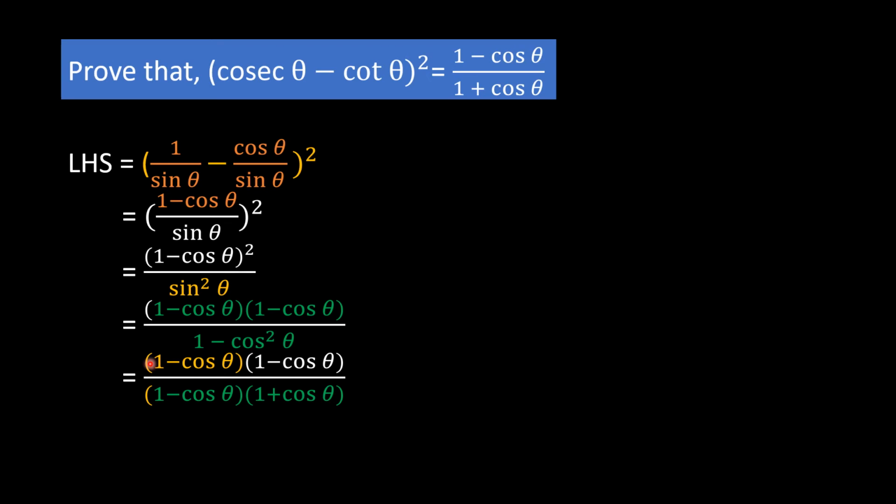Here 1 minus cos theta cancels with this 1 minus cos theta, and we are left with (1 minus cos theta) divided by (1 plus cos theta). But this is our right hand side. Since LHS equals RHS, this statement is proved.